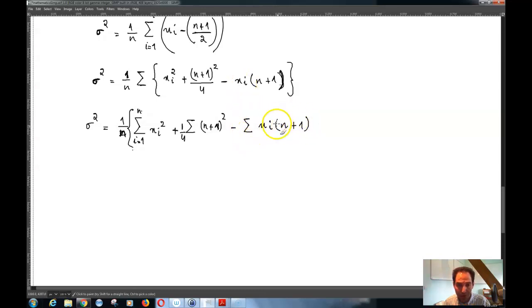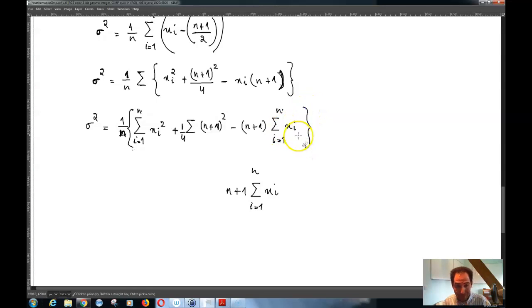But since this is a constant multiplied by x of i, you can take it out and write it as n plus 1 times sigma of x of i as i goes from 1 to n. So you can write it this way, meaning that I can write it as n plus 1 times sigma of x of i as i goes from 1 to n.